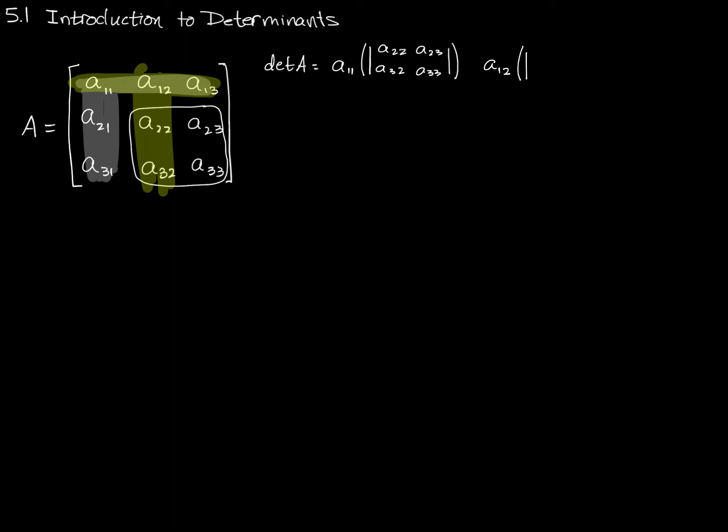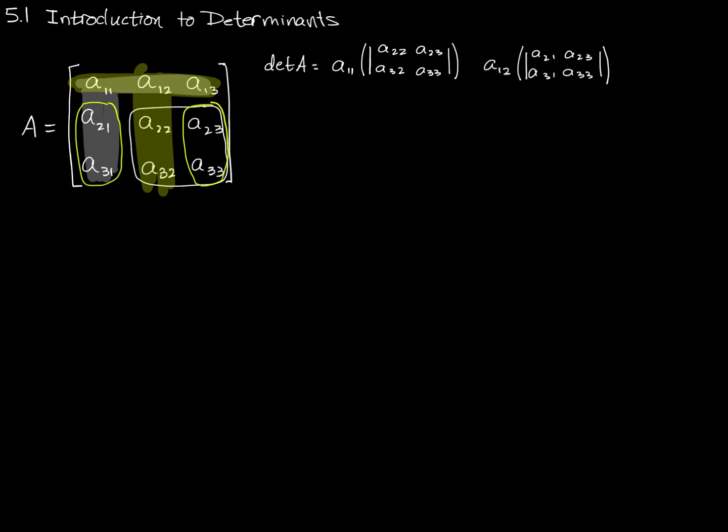Let me use a different color here. I'll use yellow. And what's left, the things that did not get crossed out by my yellow highlighter, are those values there, which are A21, A23, A31, and A33. And I might as well just finish it now that I'm here.